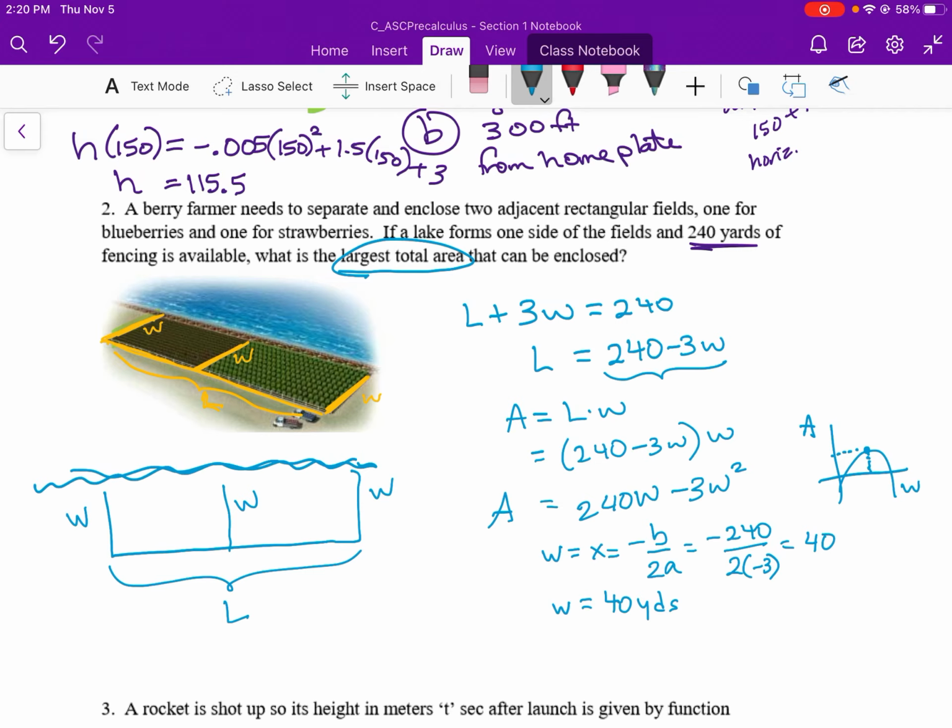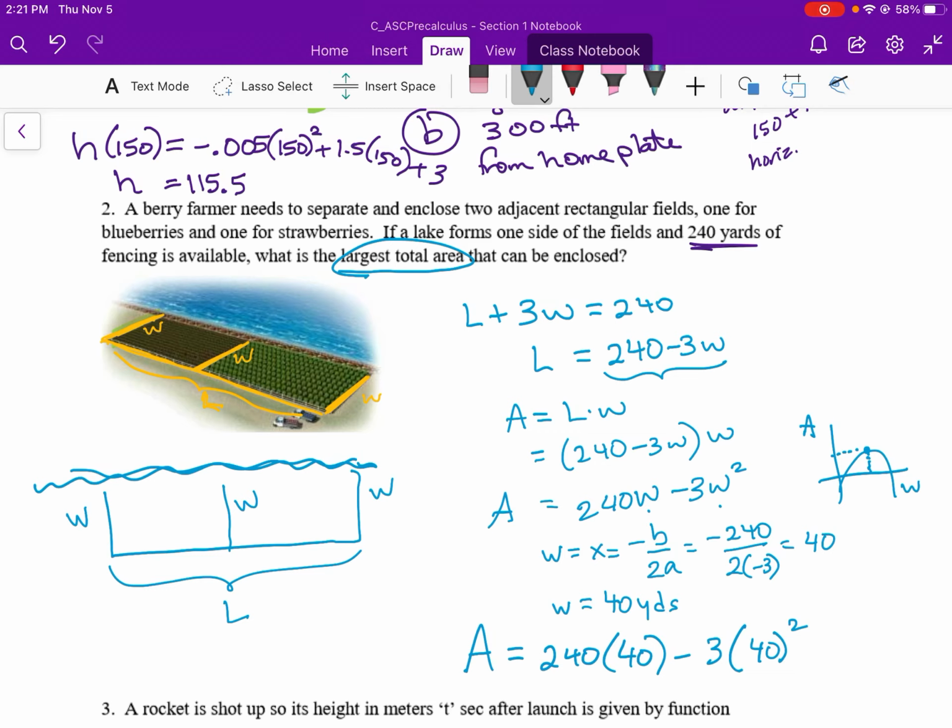I could plug W in to find the area. Let's just do that. Area equals 240 times 40 minus 3 times 40 squared, whatever that is.